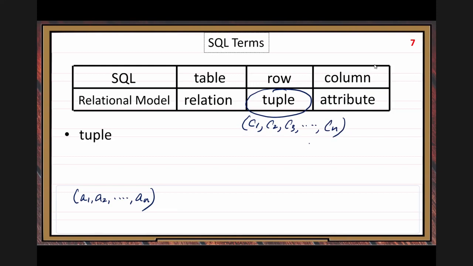Tuple. Then attribute, column, relation, those are just terminologies. But later we need to separate conceptually the tuple from a similar concept called a set.